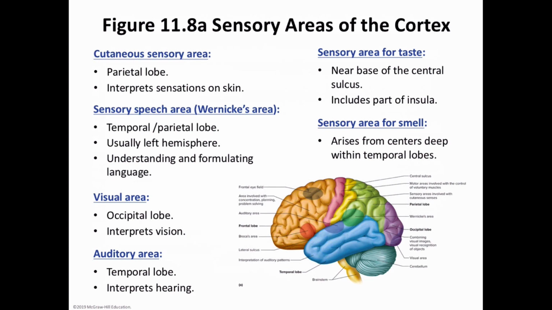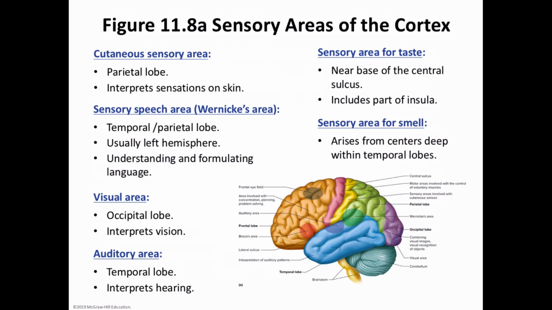The posterior parts of the occipital lobes receive visual input, the visual cortex, whereas the superior portions of the temporal lobes contain the centers for hearing, also known as the auditory cortex. The sensory areas for taste, the gustatory cortex, are near the base of the lateral sulci and include part of the insula.